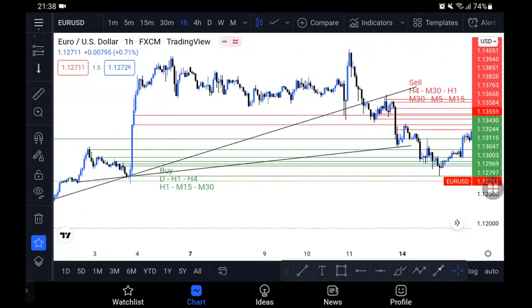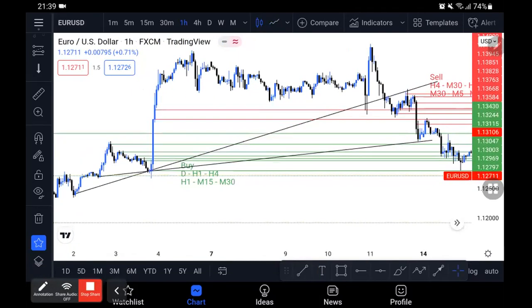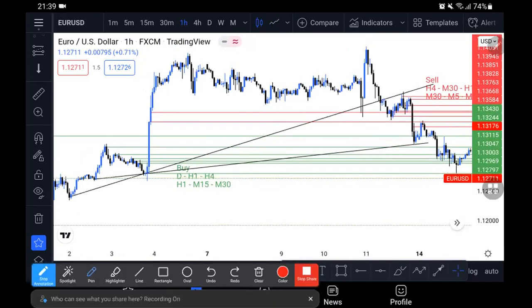I can see over here. So this is our buy setup. So this is our miss. So if this happen, then we know the miss setup is happen.